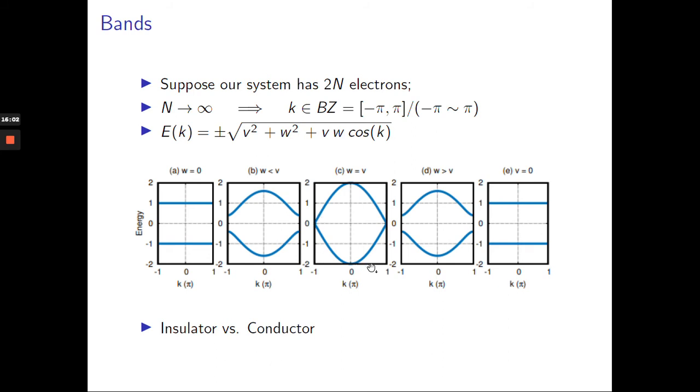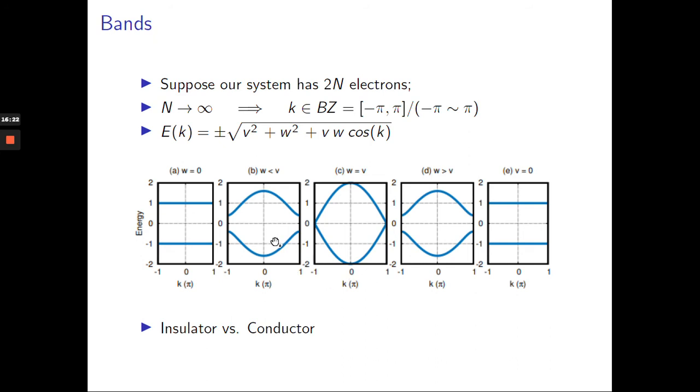And the sum of all the k's of my electrons will be different than before. In this case, we say that our system is a conductor.